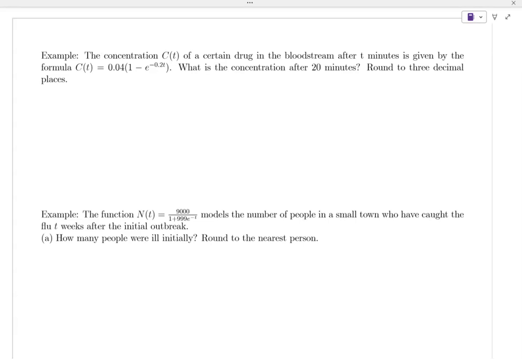So there's no drug in the bloodstream to start with, right? Let's look at just this piece right here for a second, just that exponential piece, because this goes back and reviews a little bit of stuff that we did with transformations and graphs.